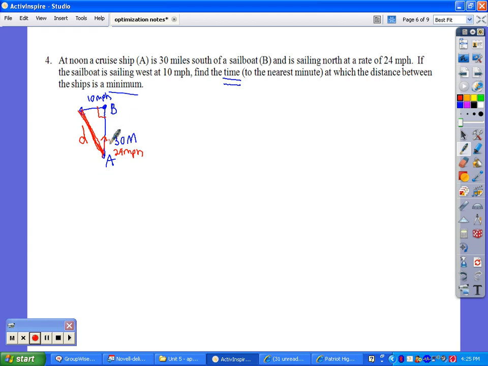Okay, so we're going to call this distance y, and then the distance that he's traveling is x. And we have to be careful about that. So we're going to say y is the sailboat, which is B, the sailboat's distance traveled.